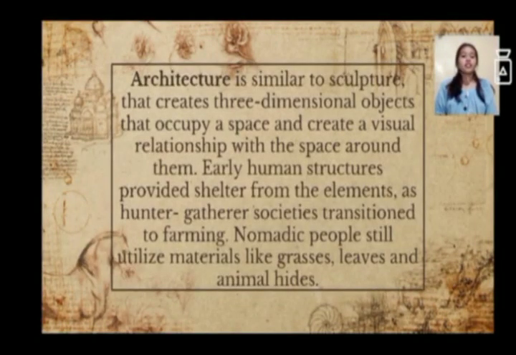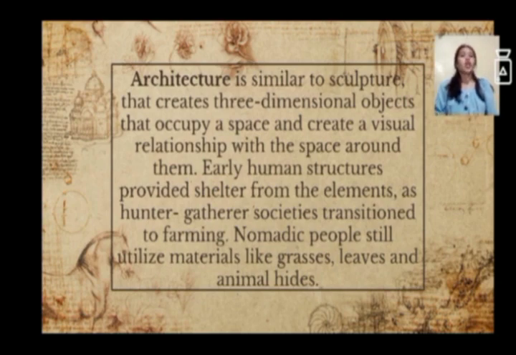Architecture is similar to sculpture in that it creates three-dimensional objects that occupy a given space and create a visual relationship with the space around them. The differences between sculpture and architecture are in their scale and utility.